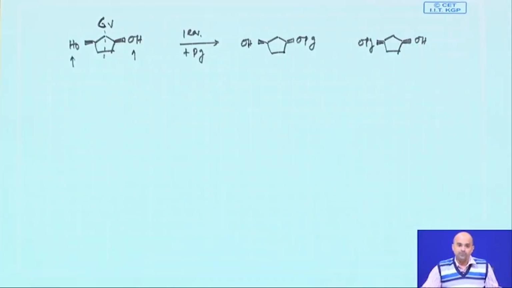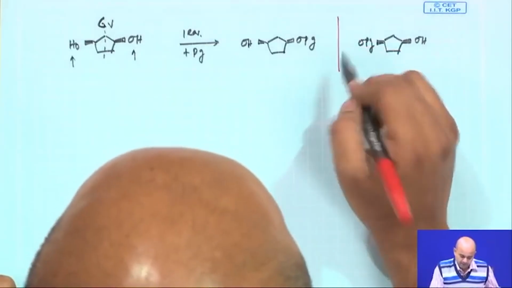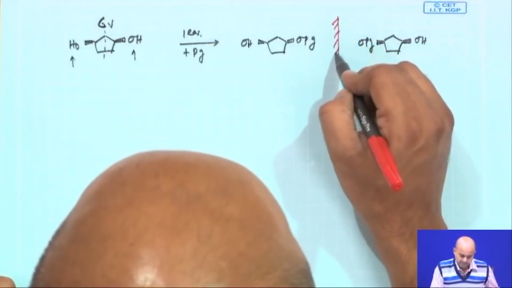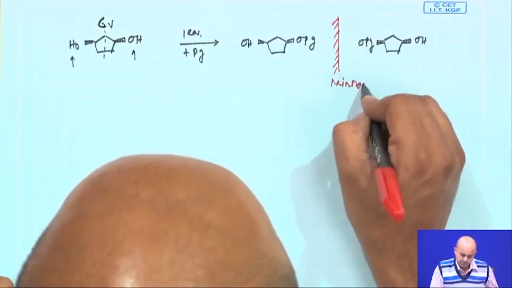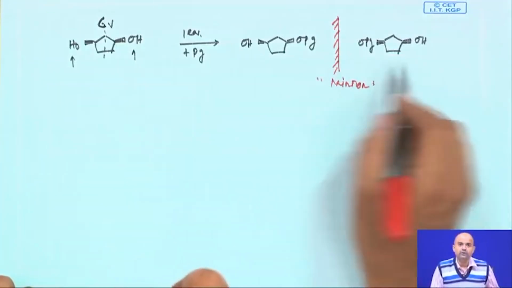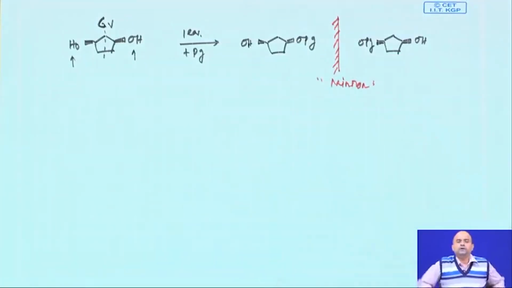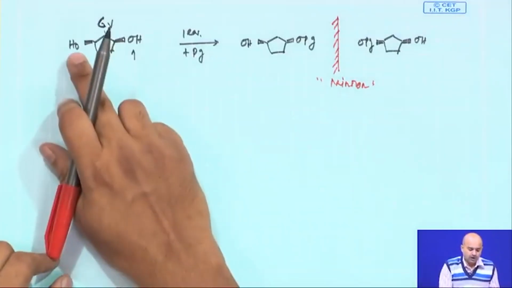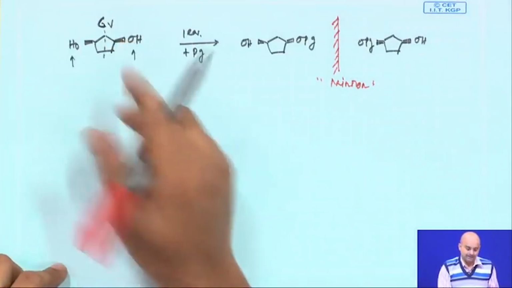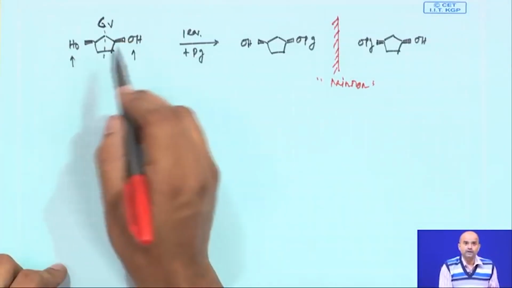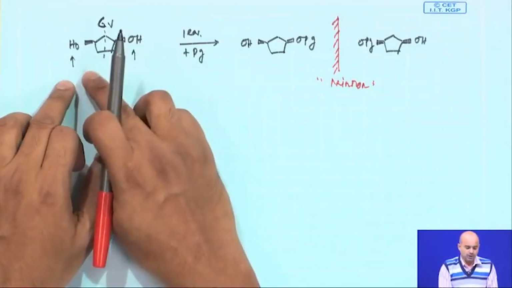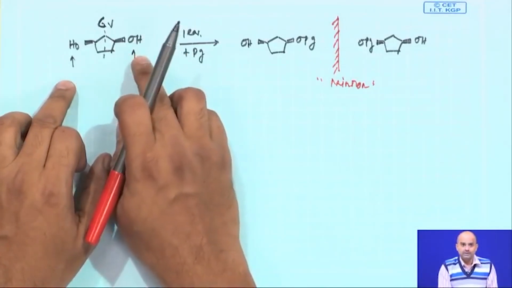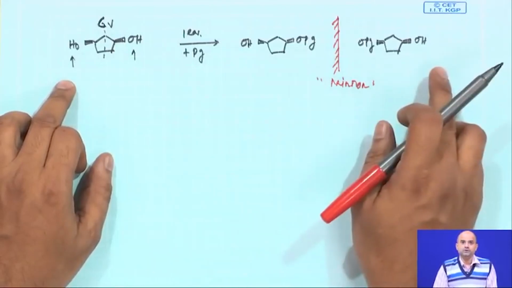Now, you put a mirror and you see that these two compounds are enantiomers of each other. That is what I said: these two hydroxy groups are enantiotopic, and as these two groups are enantiotopic, selective protection of either group over the other will lead to enantiomers.